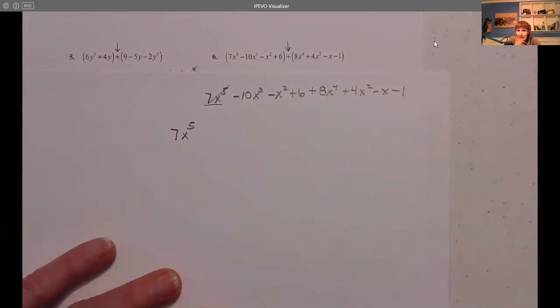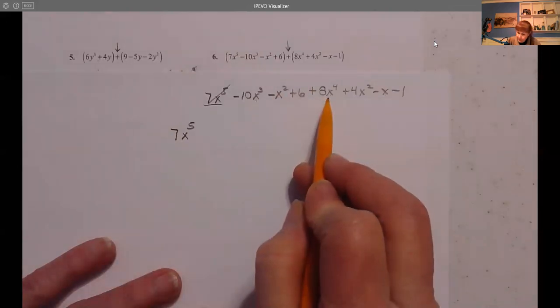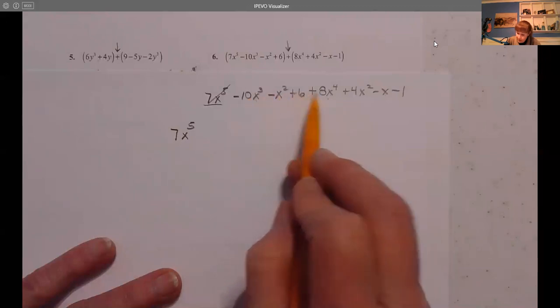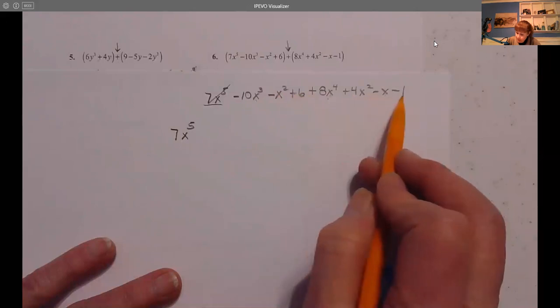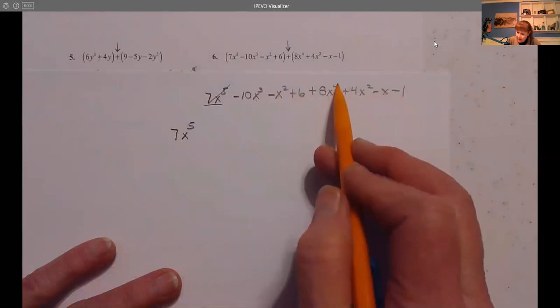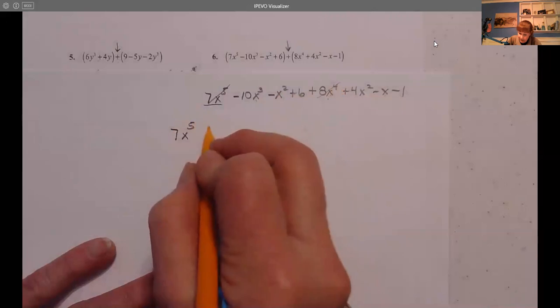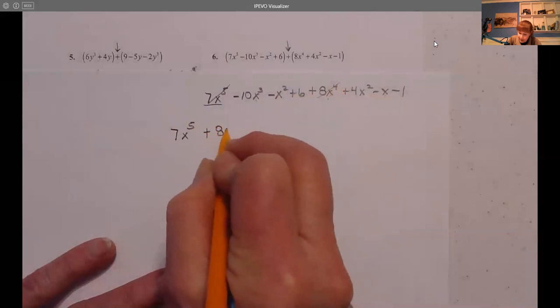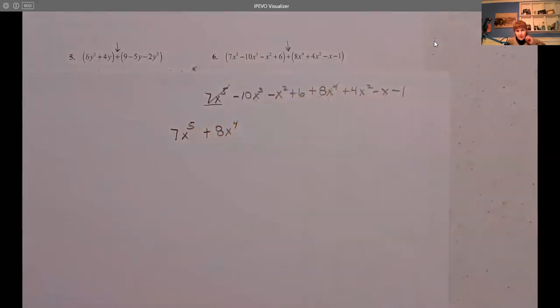Our next highest power is x to the 4th. Are there any other x to the 4ths? I don't see any other x to the 4th power, so it too has to stay by itself.